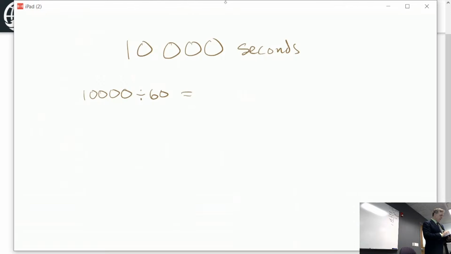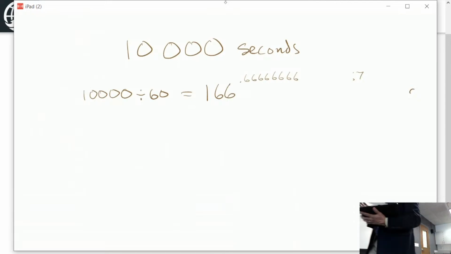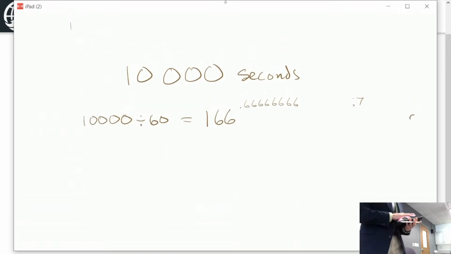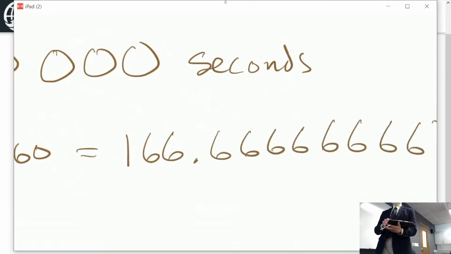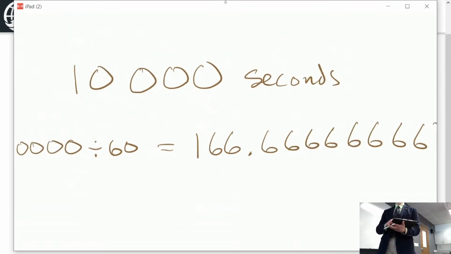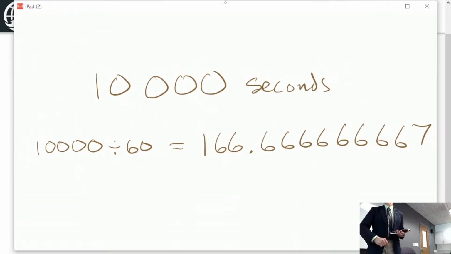When I do this on my calculator, I get 166.666666667. Let me explain something real quickly.